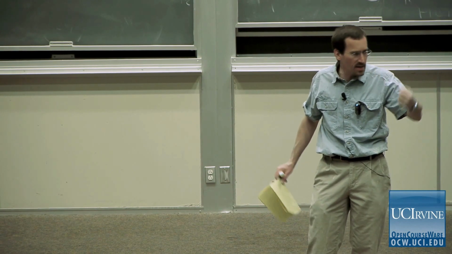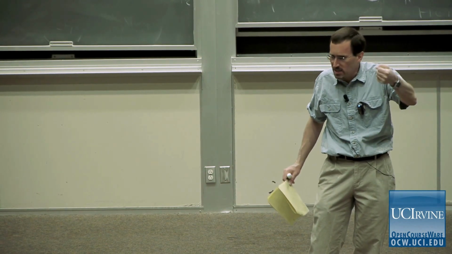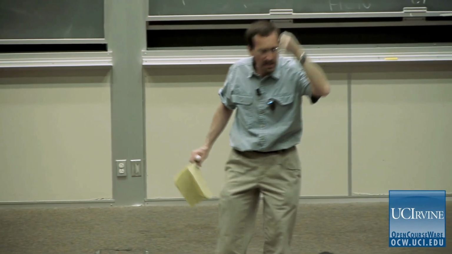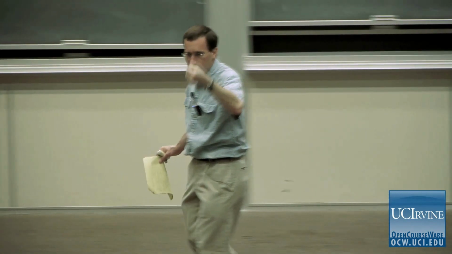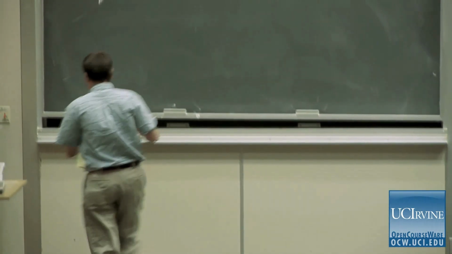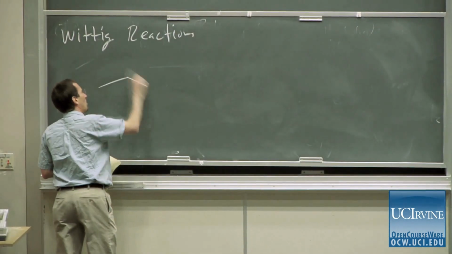And that theme is going to come up in the rest of the chapter in the formation of acetals, in the formation of enamines, and in the formation of imines. So let me write out the reaction and explain how it works.